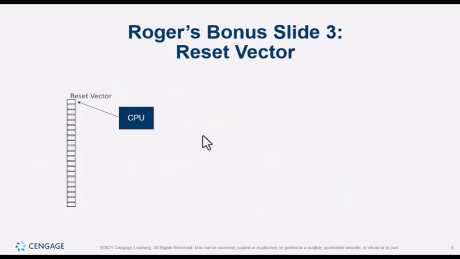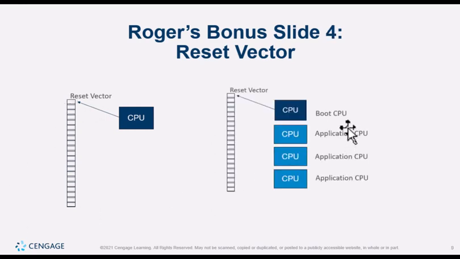Let's see if we can visualize it a little bit. So here's the CPU, and it has built into it where the reset vector is, someplace in RAM, someplace in memory. Now, what happens if you have multiple CPUs? Good question. If you have multiple CPUs, there is one that is dedicated as the boot CPU, because there is a place in memory where you have the boot information, and the CPU needs to start that process of booting the computer.